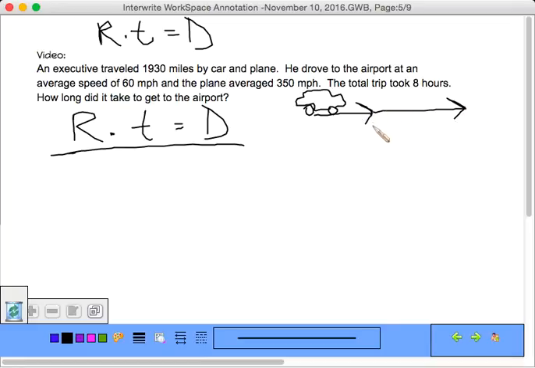So we're going to add our two distances. There's that plane. So we have by car, and then by plane.